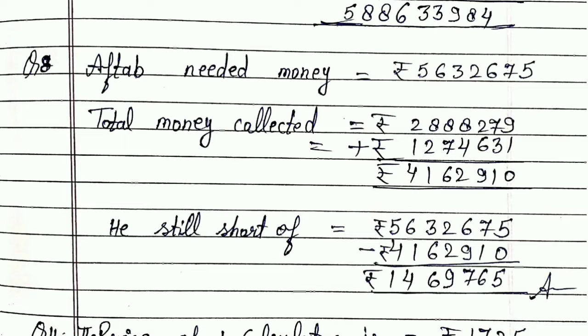So we will add these two numbers and then total collected money will be 41,62,910. To find the shortfall of money we will subtract these two numbers and then the answer will be 14,69,765. Now we are moving to next question.